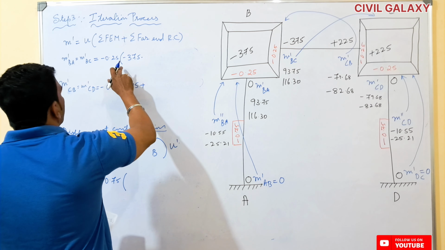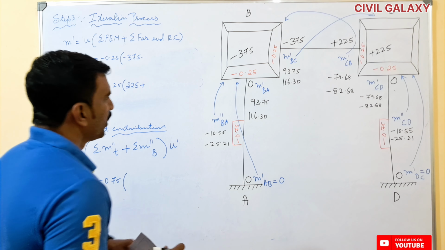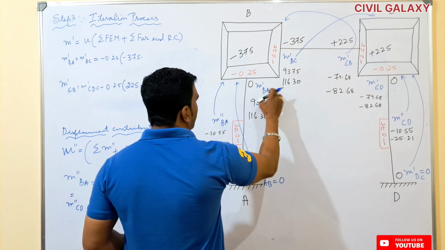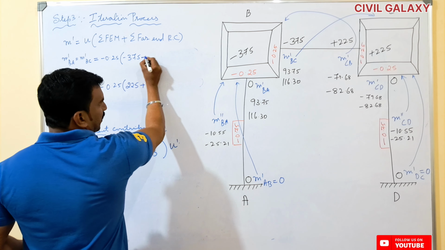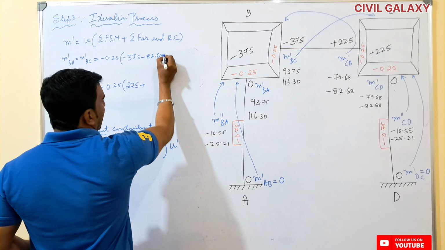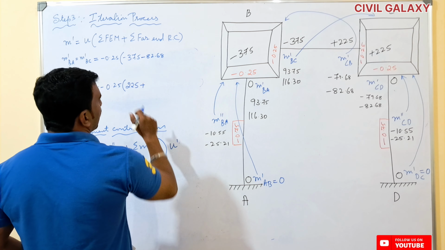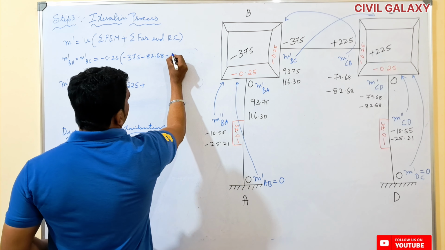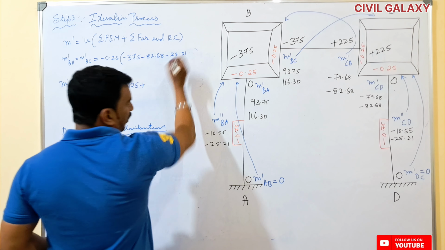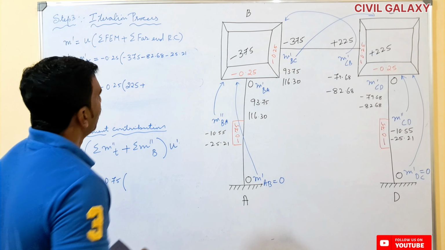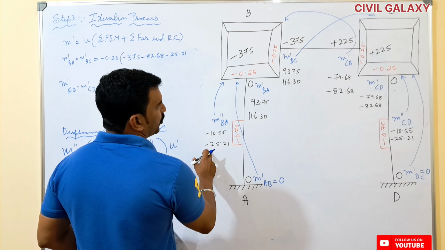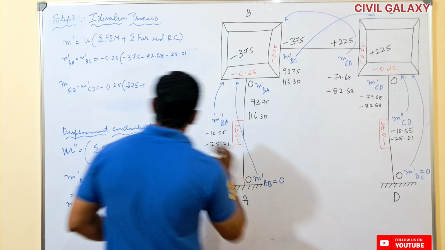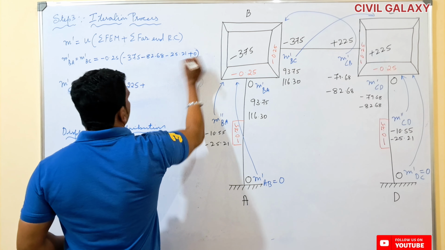See here. So about m dash BA and m dash BC, if you observe over here m dash BA, the far end rotation contribution here is minus 82.68, and about this point we are getting a new value, that is minus 25.21. So about this point will be 0.